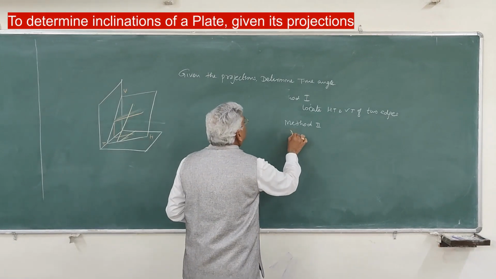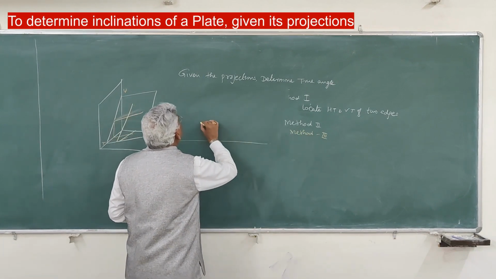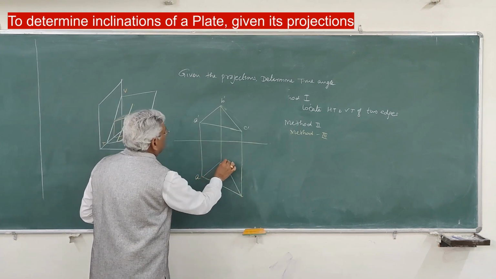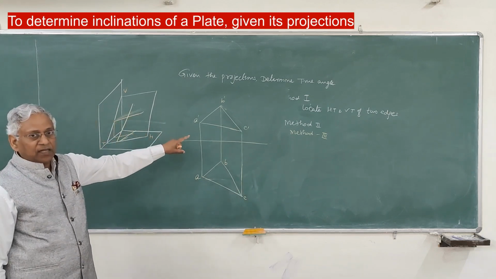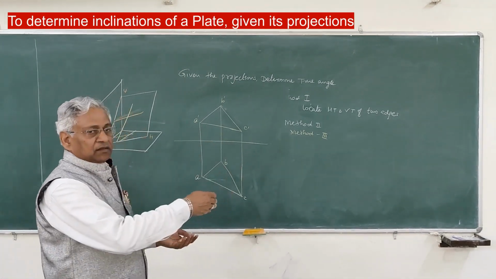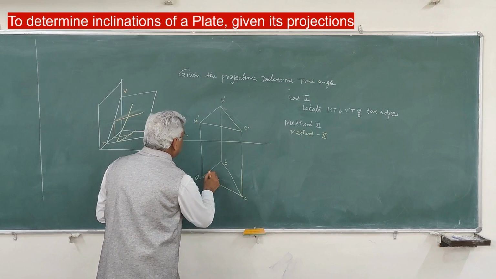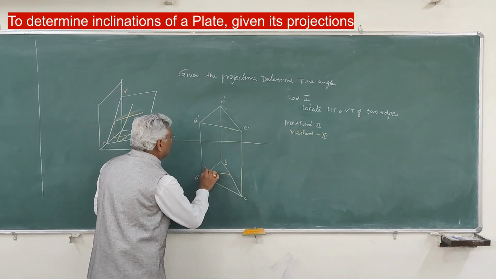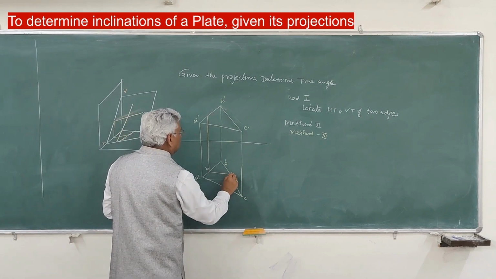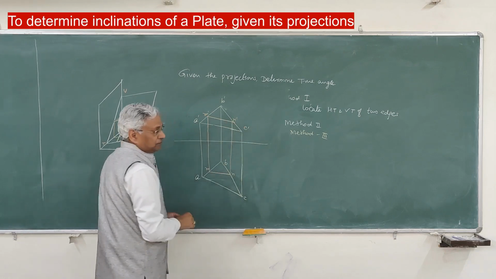The third method would be: if you have the projections of a plate, take any line here parallel to the ground line, let us say MN, and you get the plan and elevation of this line, M dash N dash.